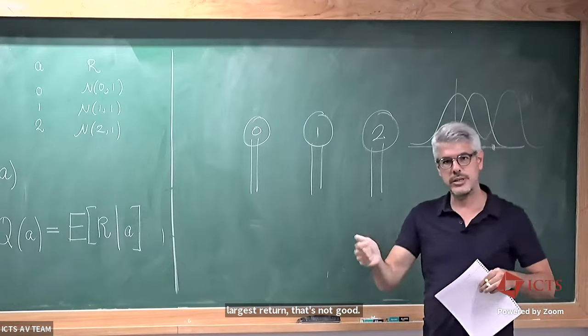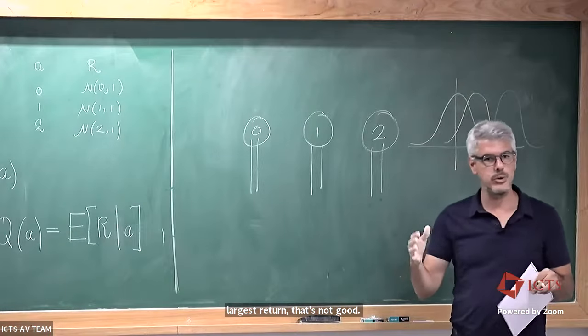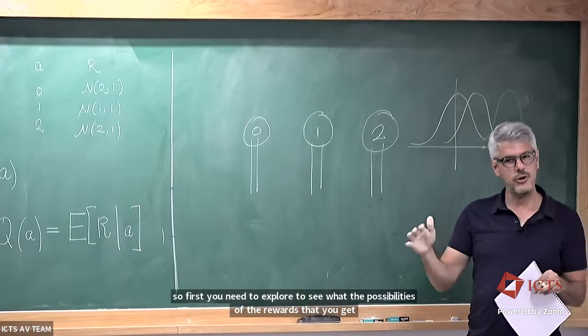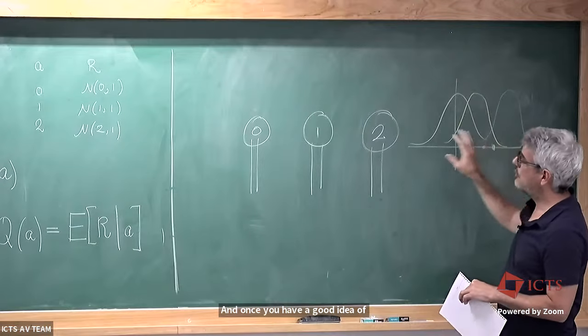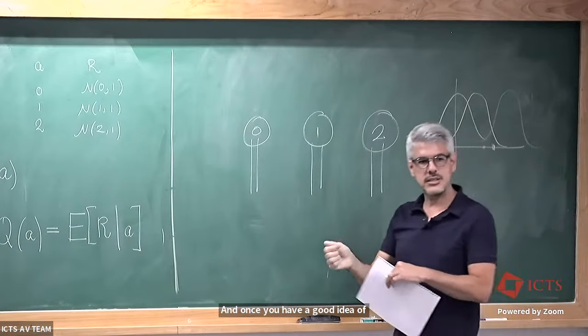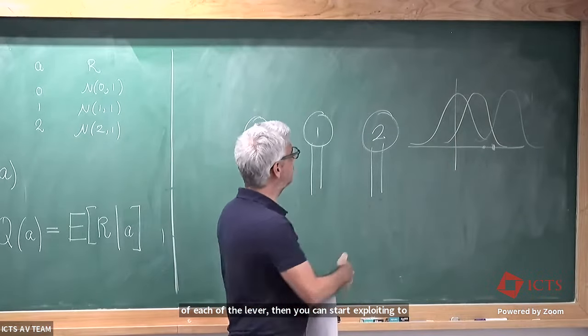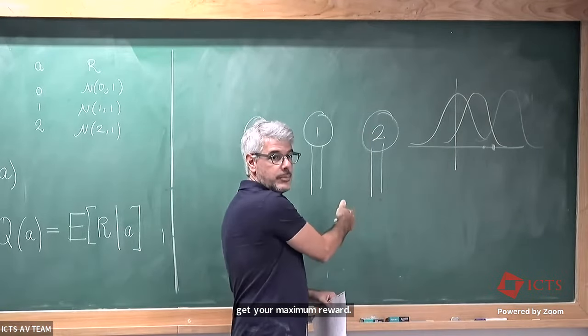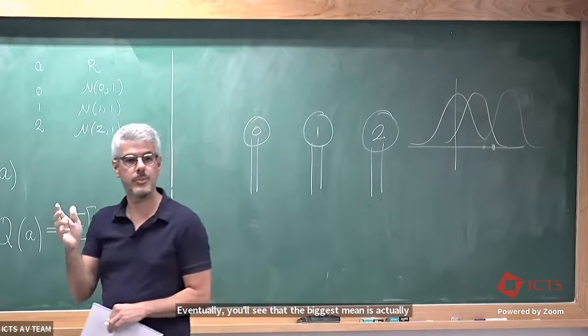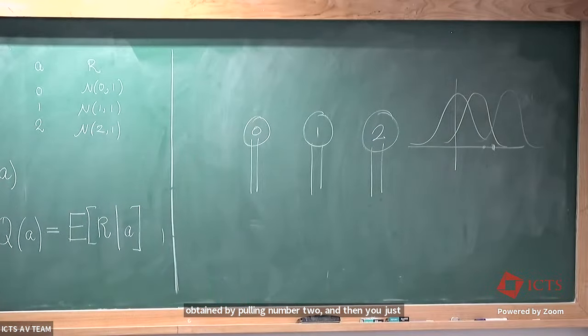So first you need to explore to see what the possibilities of the rewards are. And once you have a good idea of the distribution of each of the levers, then you can start exploiting to get your maximum reward. Eventually you'll see that the biggest mean is actually obtained by pulling number 2, and then you just continue pulling number 2. But before you get there, you're going to need some time.